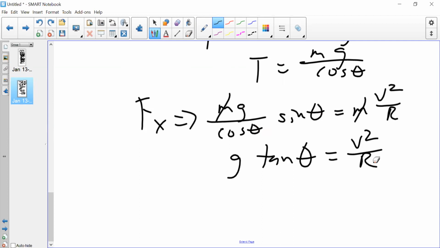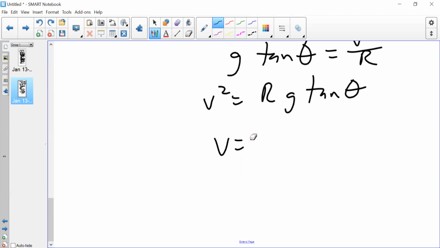So that's the trick, because there's going to be some force that makes up the centripetal force. So use your free body diagram logic for all these type of questions. Get an expression workable. Solve for the variable. In this case, velocity. V squared is rg tan theta, and this is going to be square root rg tan theta, and that's it.